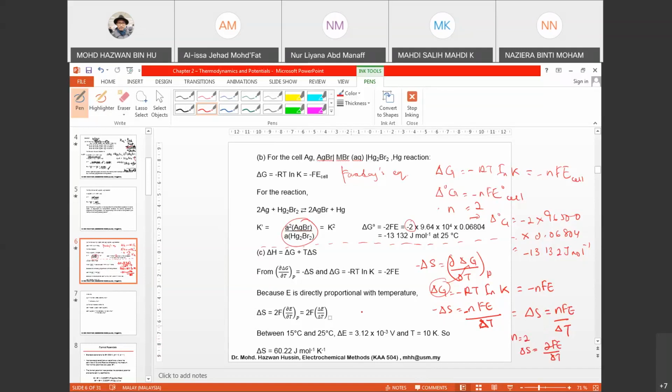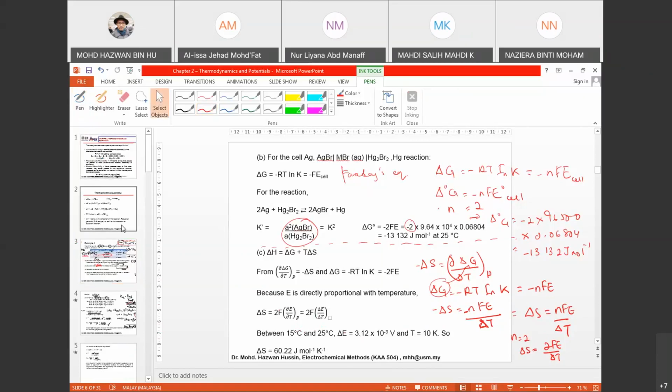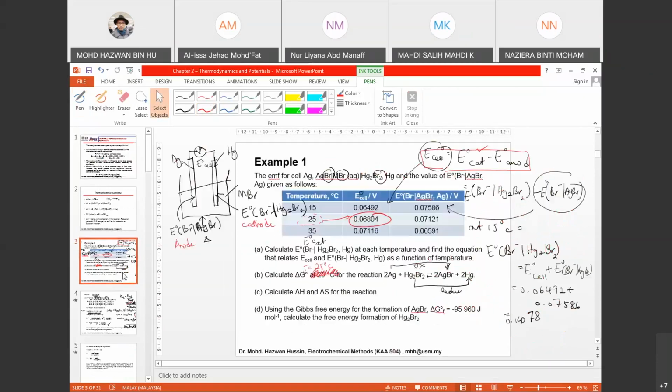Since the question didn't ask at which region, you can choose. Over here, for the change of temperature, I took it from 15 to 25. This is the E naught value.